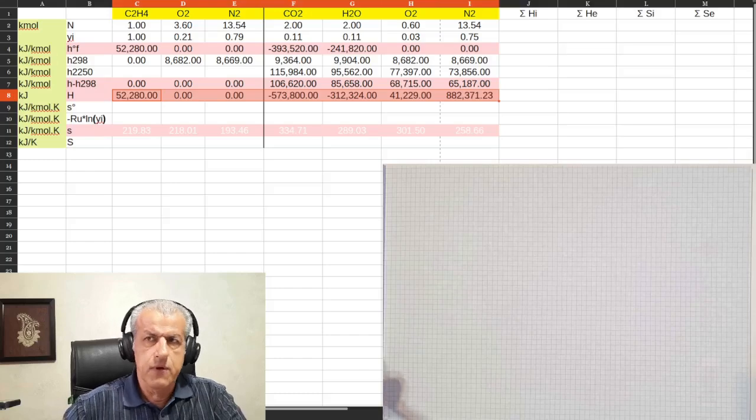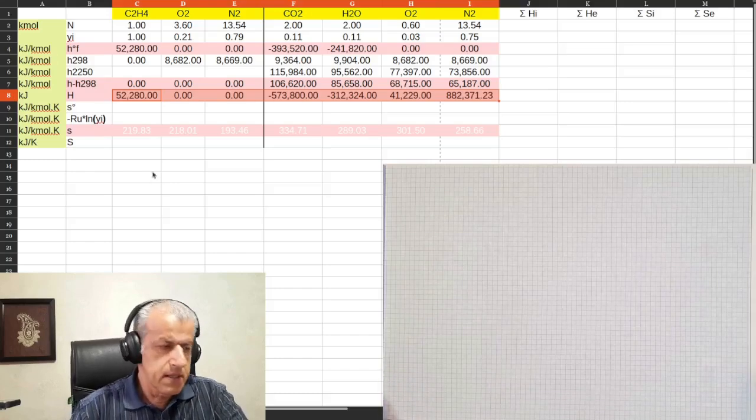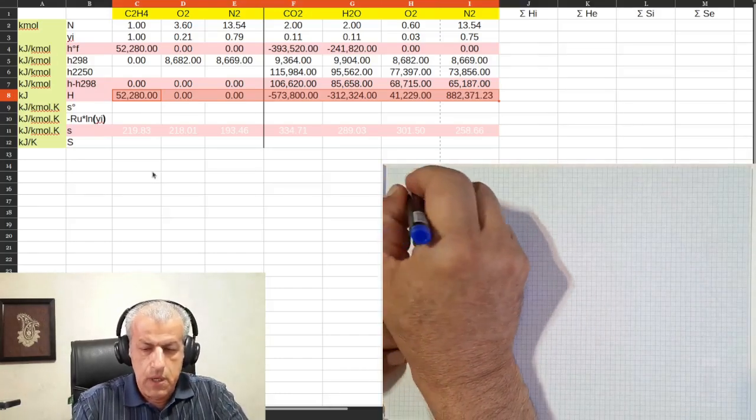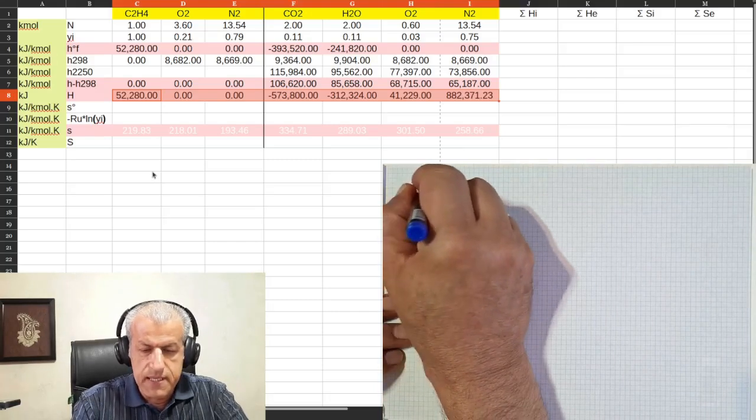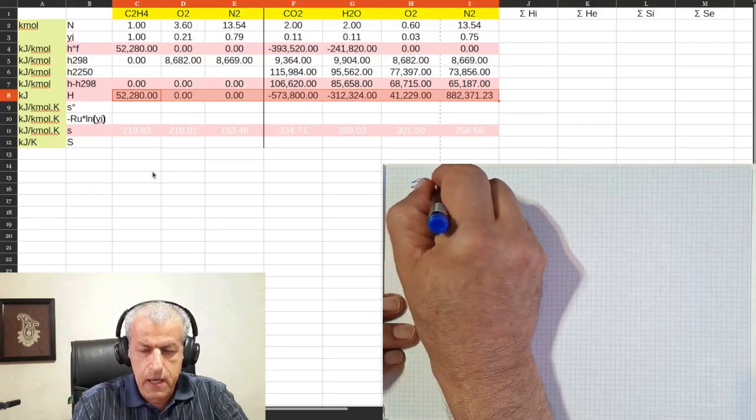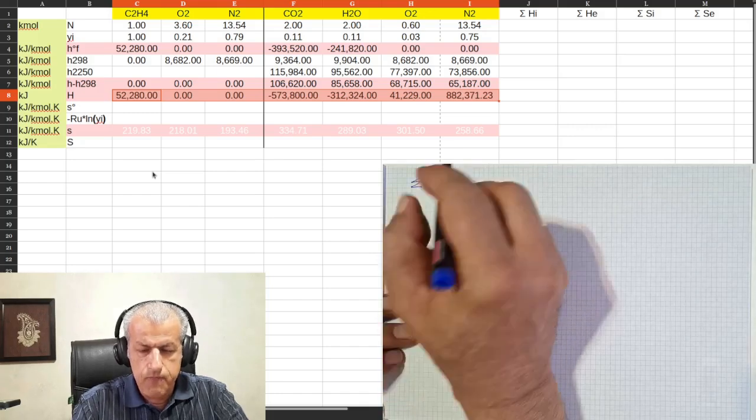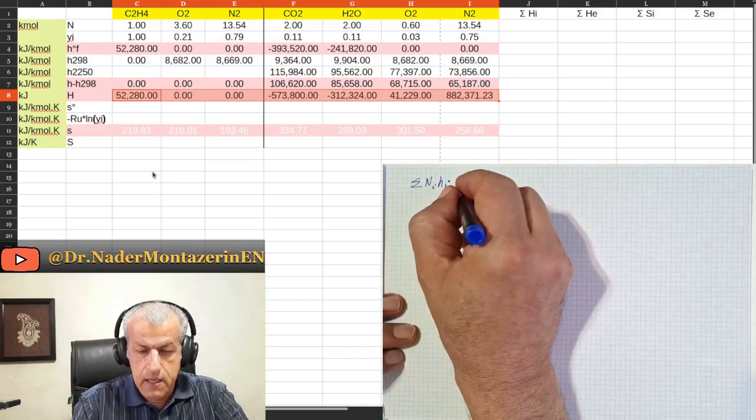Now, as for reactants, we should write the sum of NiHi.